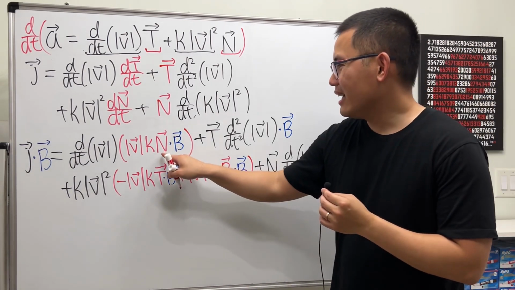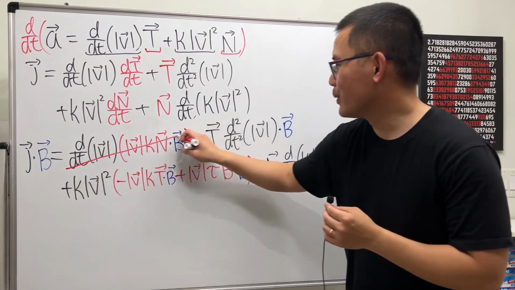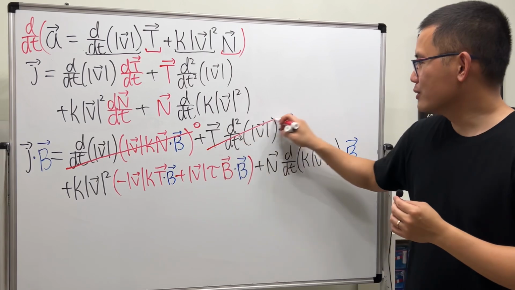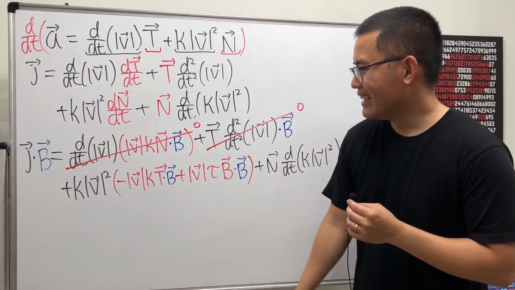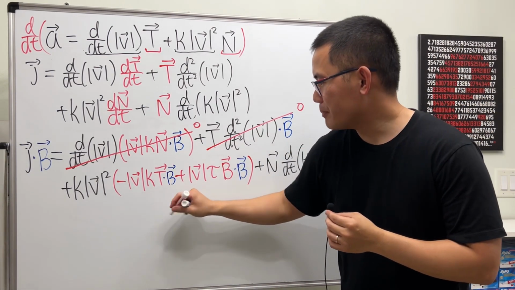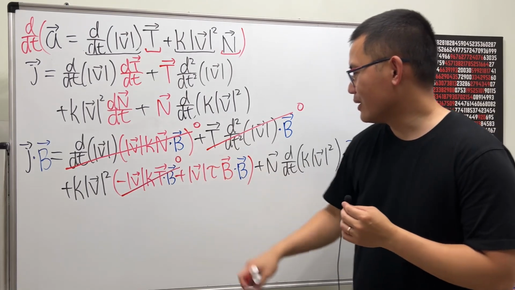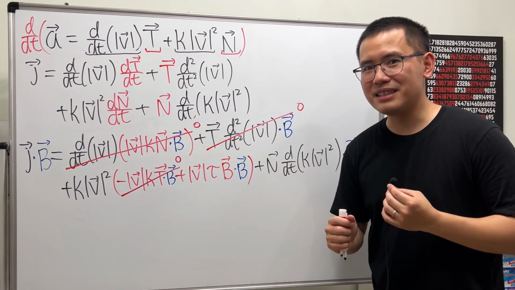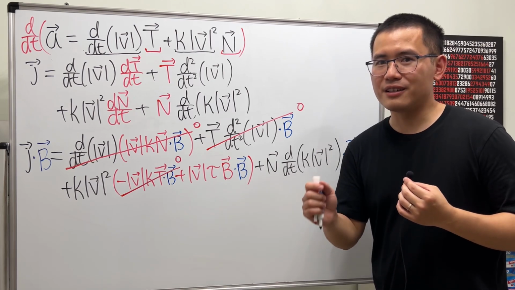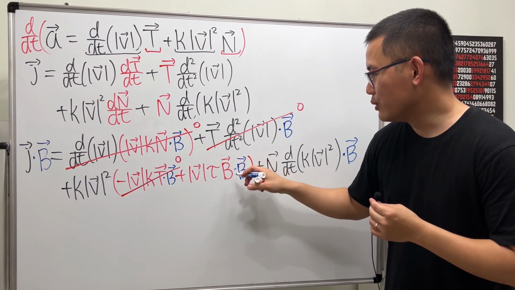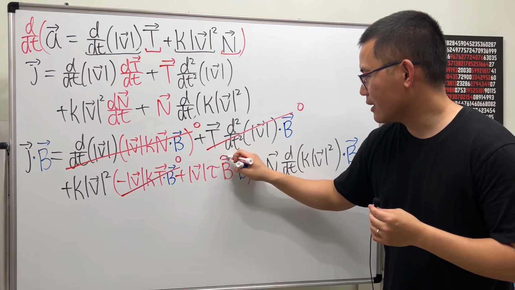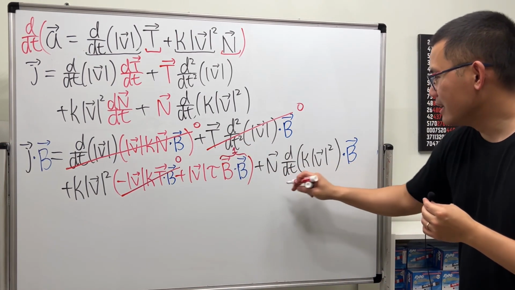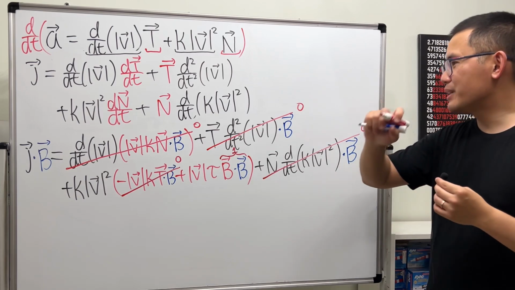Now, you see that n dot b, that will be equal to 0. T dot b, that will also be equal to 0. And here, t dot b, this is going to be 0. But b dot b, remember when you have a vector by itself, you get the magnitude of the vector squared. This right here is a unit vector, so we just get 1. So that's nice. And then n dot b, this is also going to be 0.